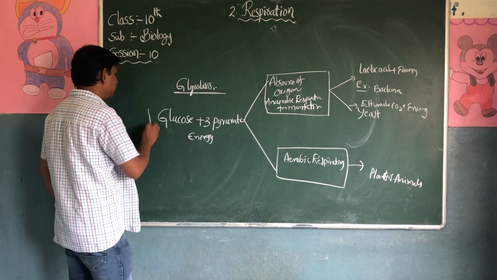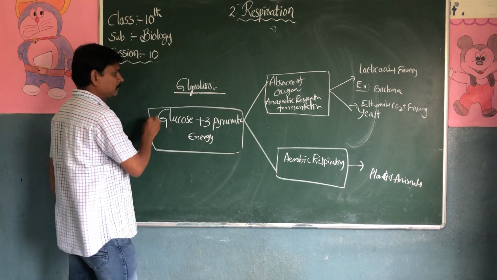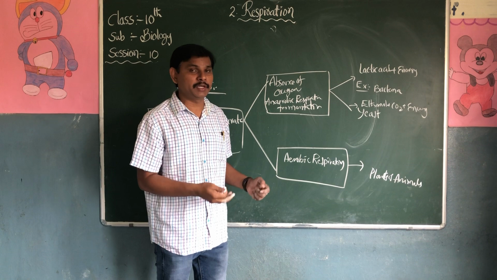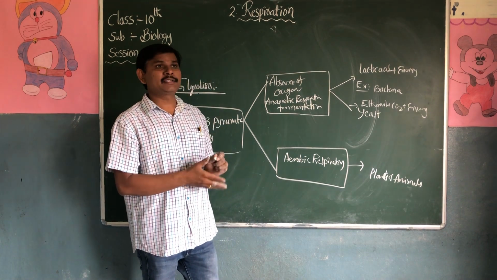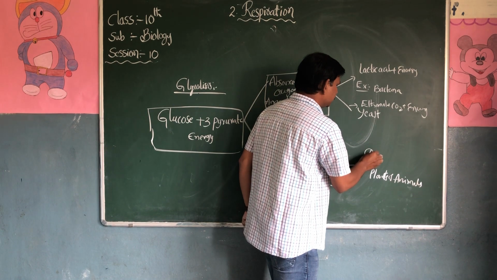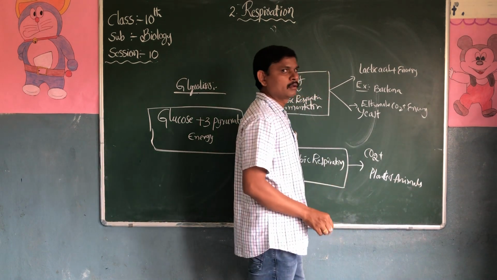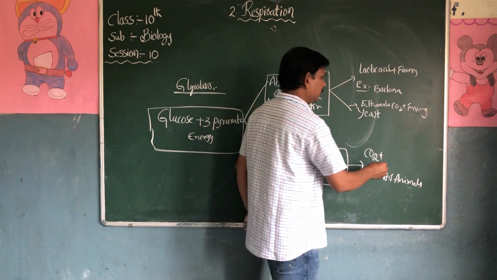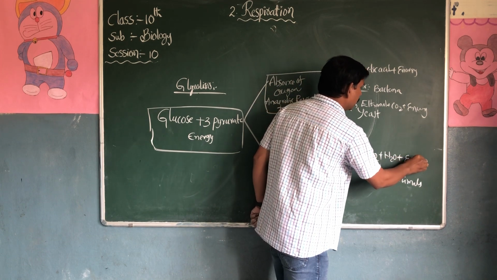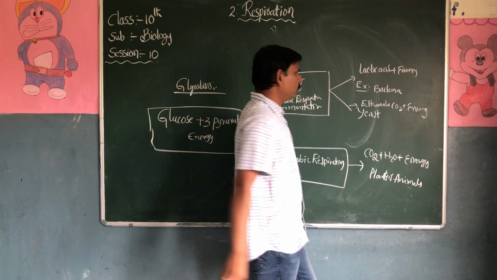When glucose is broken down in the cell by aerobic respiration in plants and animals, carbon dioxide is released, water is released, and more energy is released.